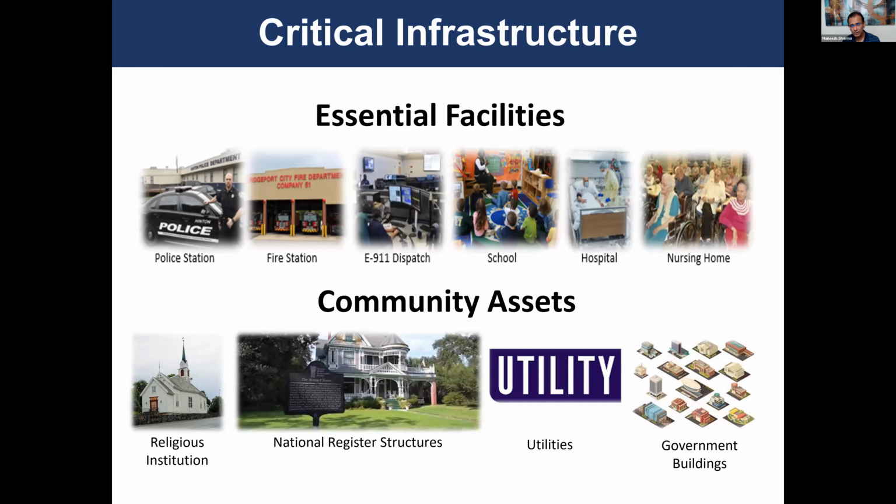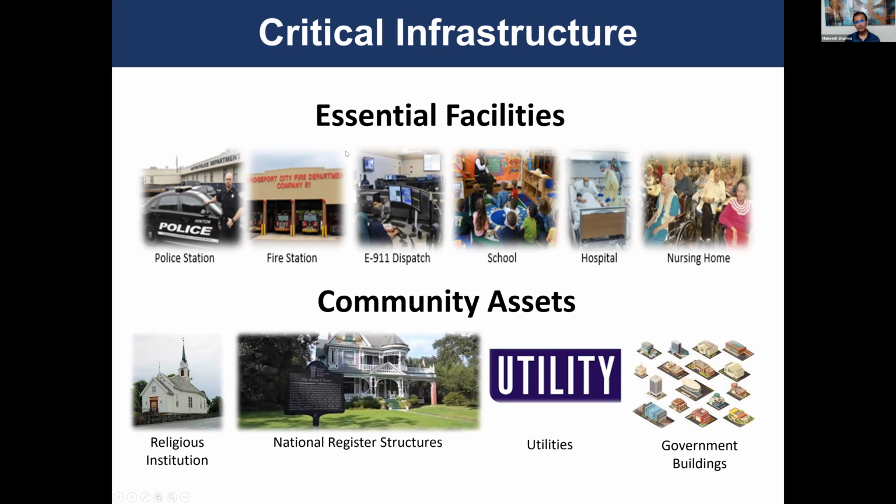I talked about the building inventory, but that's residential, all the primary structures. We are also dealing with the critical infrastructure at building level. In critical infrastructure, two things: essential facilities and the community assets.